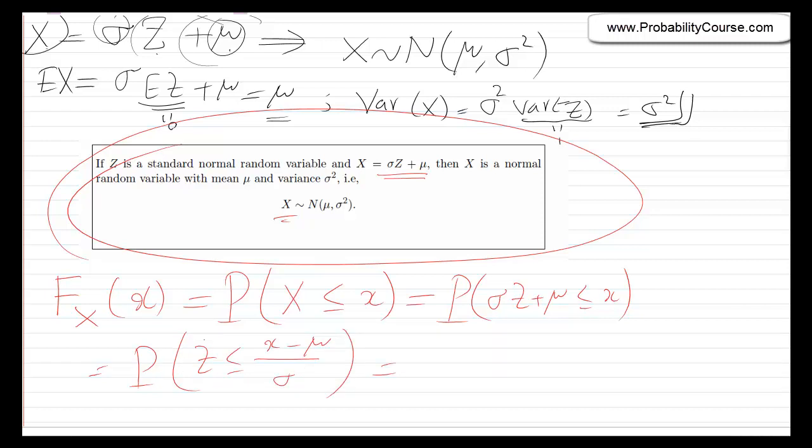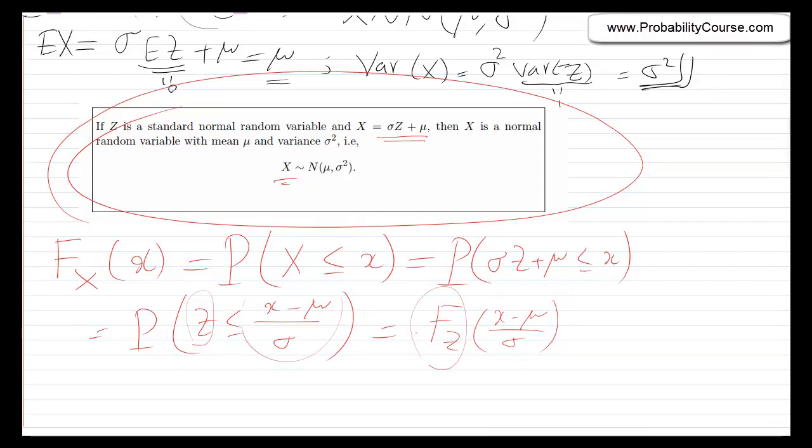Now this is the CDF of Z at the point x minus mu over sigma, right? It's the probability that the random variable Z is less than this x minus mu over sigma. And this CDF, we know what it is. It's the Phi function, Phi of x minus mu over sigma. Okay?